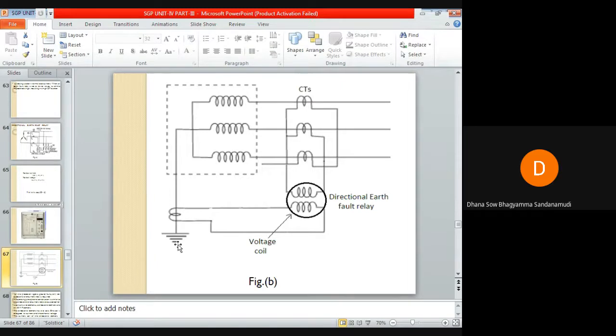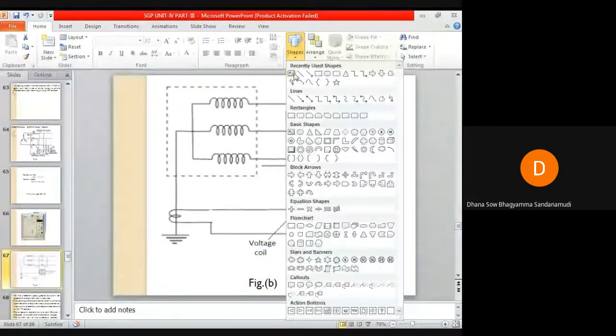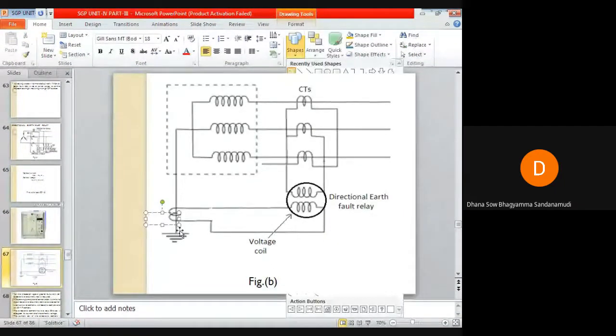If its neutral is grounded, then this neutral point will be grounded through a potential transformer, PT. The voltage coil of the directional earth fault relay may be connected to the secondary of this potential transformer.